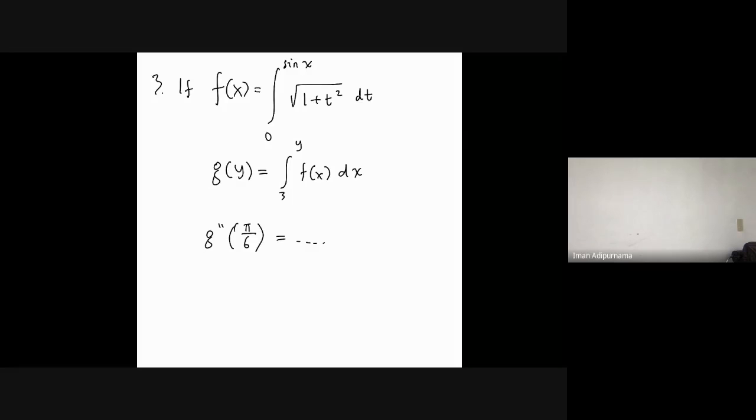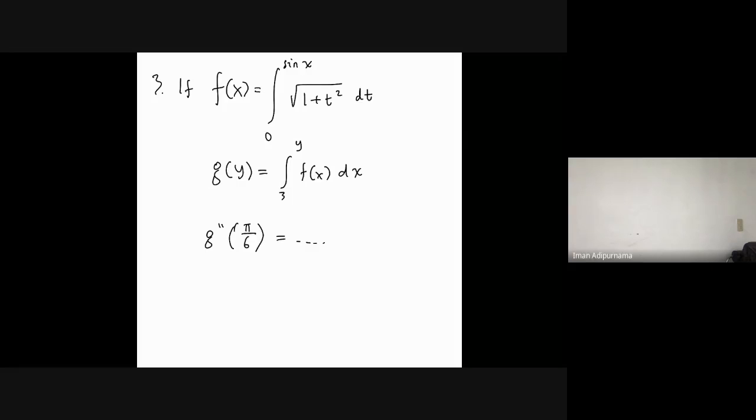It's directly the function. Usually it's the function of t, right? And this is directly the function, and this is f(x) dx. And the question is the second derivative of g when you plug in y equal pi over 6.